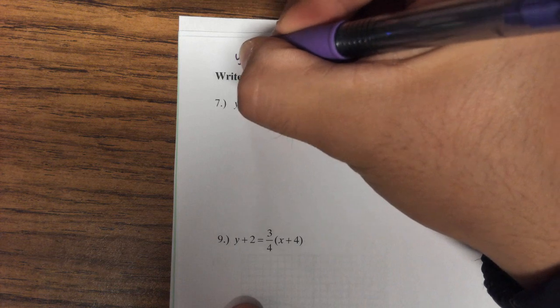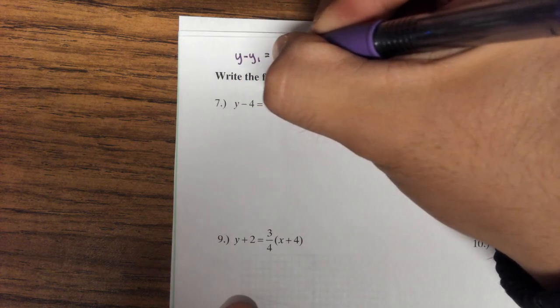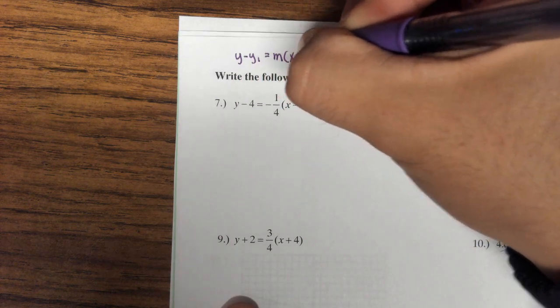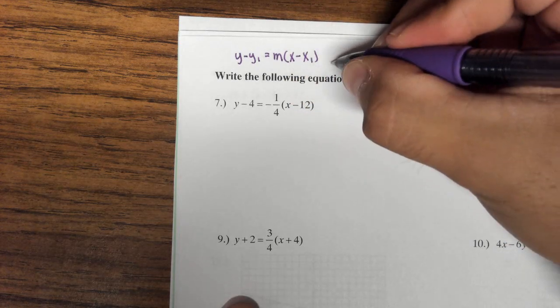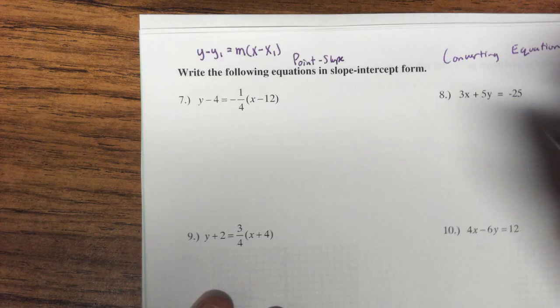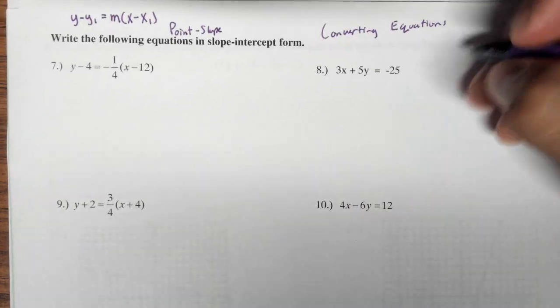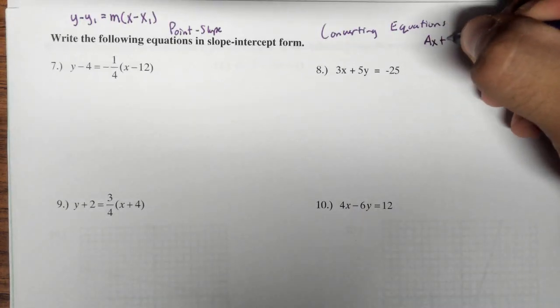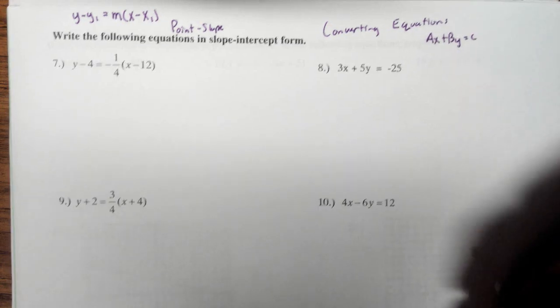So this equation is going to be y minus y1 equals m times x minus x1. This is known as your point slope form. And then the equation over here is standard form, which is ax plus by equals c.